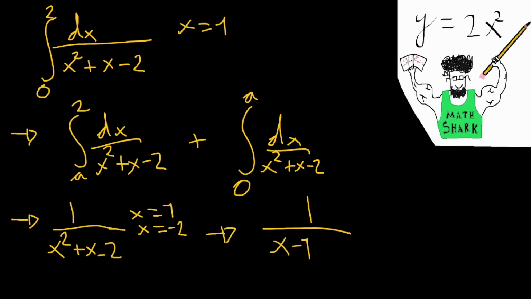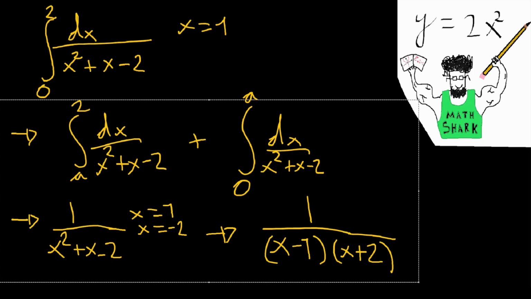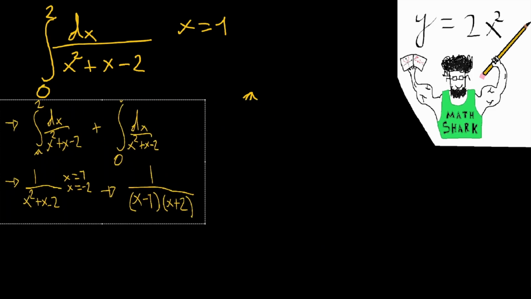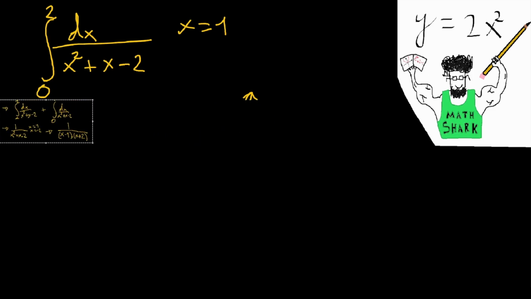1 over x minus 1 times x plus 2. And now this is equal to this. Now we can split it up into two fractions, which is going to help us to integrate it much easier.